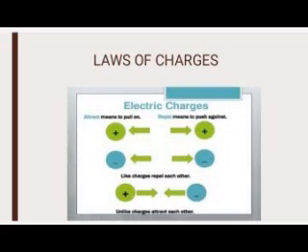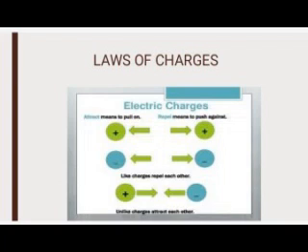Next one is the law of charges. There are three laws for charges. What is the first law? There are two kinds of charges, positive and negative charges. Second one, like charges repel. You see the picture. Like charges mean same charges repel each other.